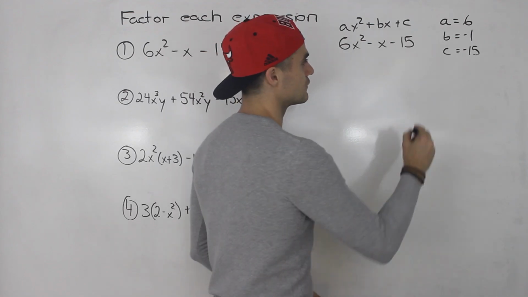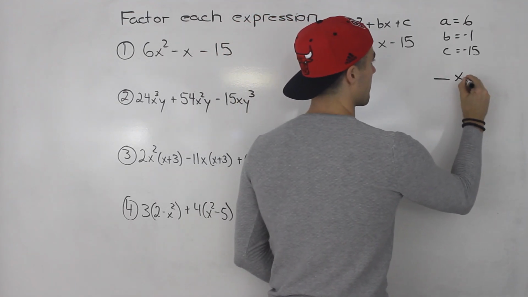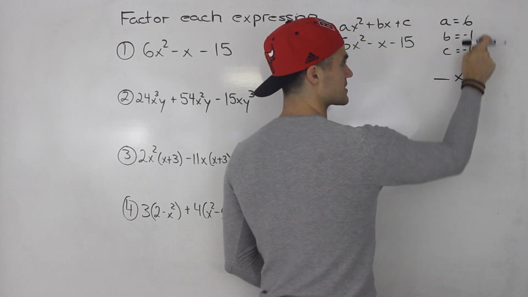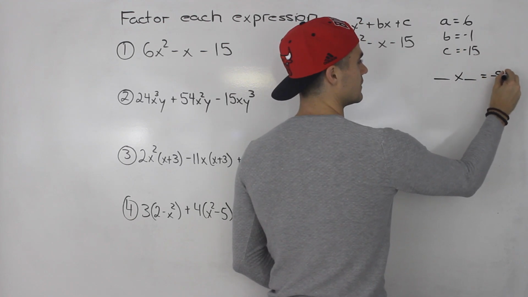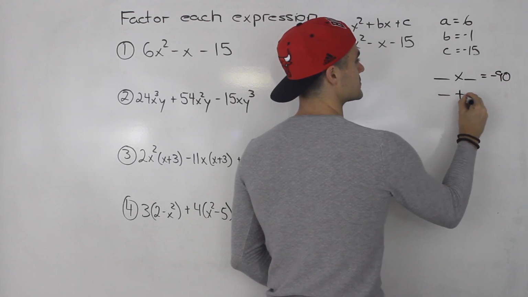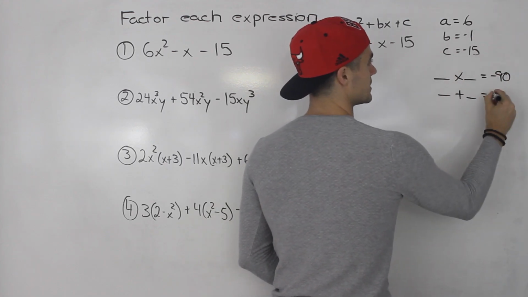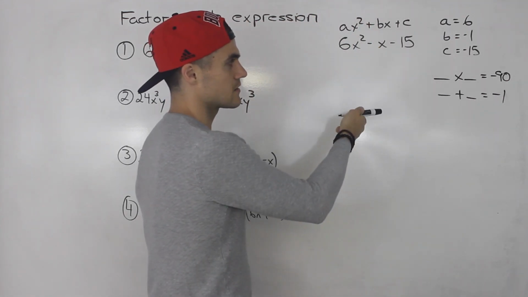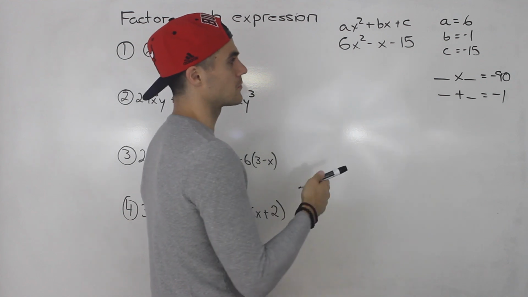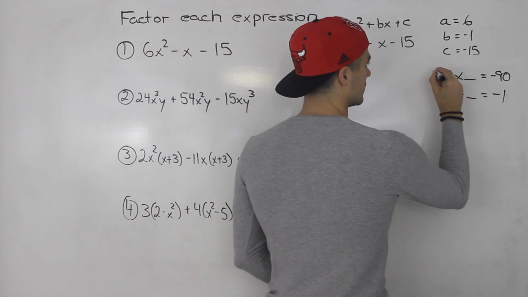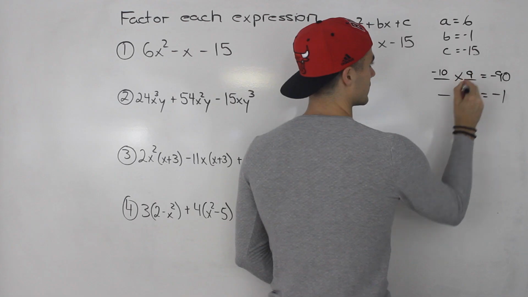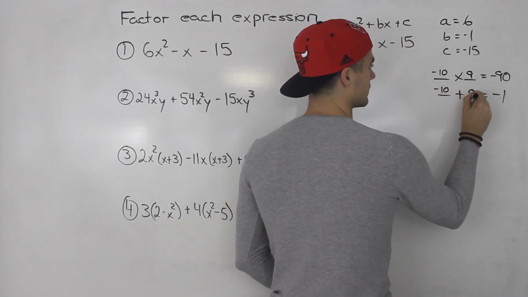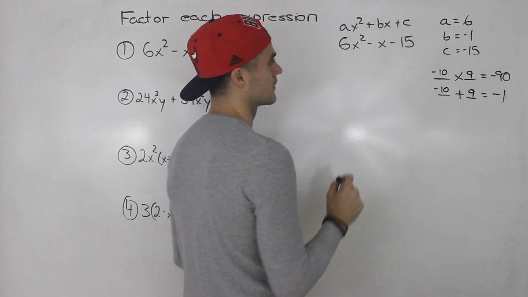So knowing this, you need to find two numbers that multiply to a times c, so 6 times -15 is -90, and add up to the b value, which is -1. What two numbers satisfy both of those requirements? Well, -10 times 9, because -10 times 9 is -90, and -10 plus 9 gives us -1.